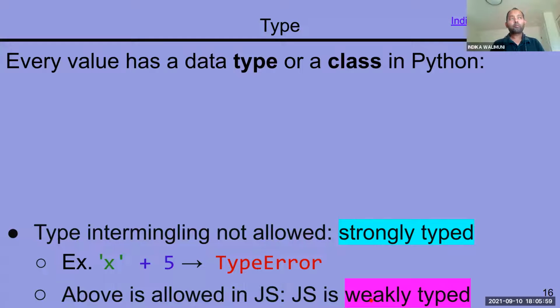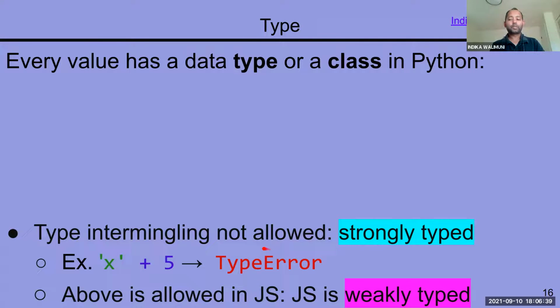The language infers the type and converts it, based on which operand comes first. In this case, for JavaScript, the string comes first, so it converts 5 into a string and then prints x5. Python is a strongly typed language.